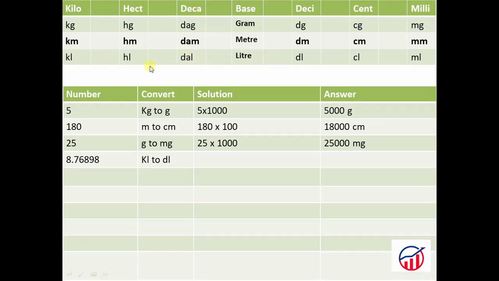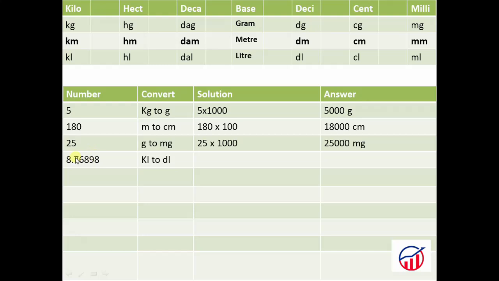So 4 gaps. That means it is equivalent to moving 4 zeros over here. Now since you already have a decimal point over here, you're not going to add zeros, but you're going to move the decimal place to the right by 4 digits. So you can see over here, it's preceding 7, so it's going to be 1, 2, 3 and 4.